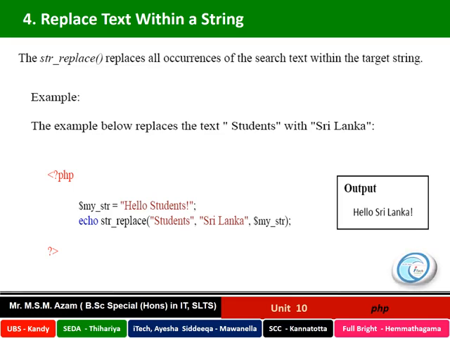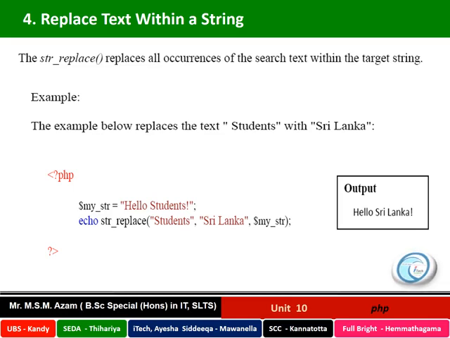For this, I am typing echo str_replace within single quotation. I have to replace students with Sri Lanka now. So I have to type the word students first. Then the replaced word, that is Sri Lanka.